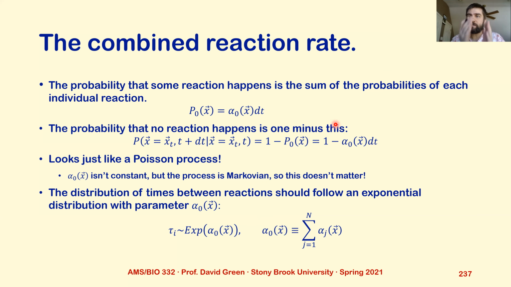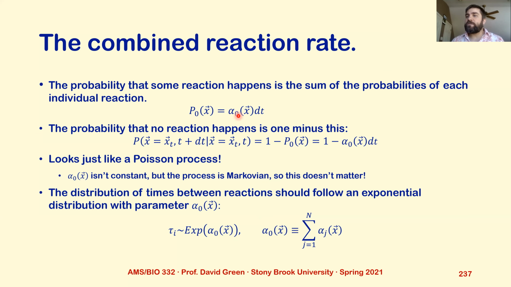That's exactly what the Poisson process represents. It's a counting process where everything has to increase one by one. We're just counting the number of reactions. This looks very much like a Poisson process, but alpha naught isn't constant. In a Poisson process, alpha naught would be constant.